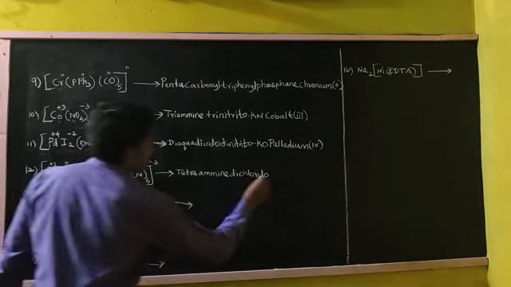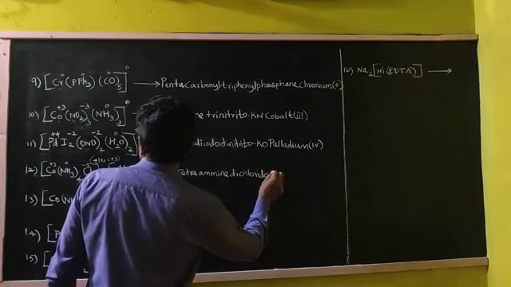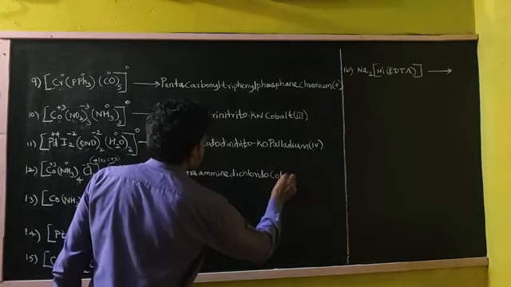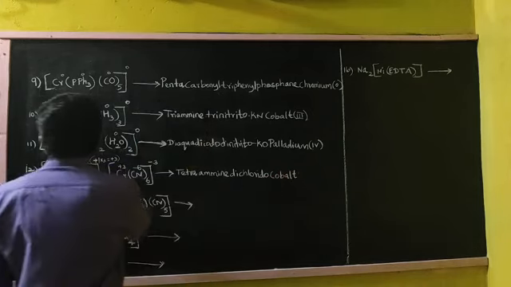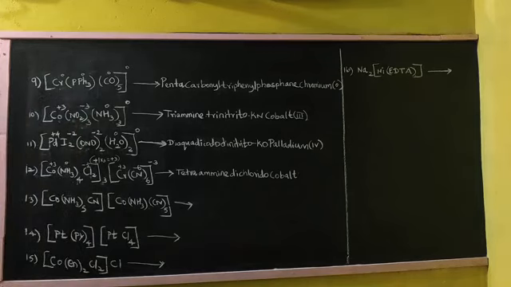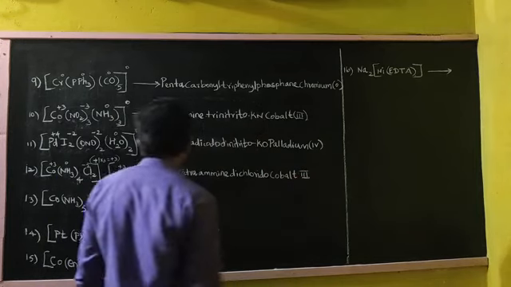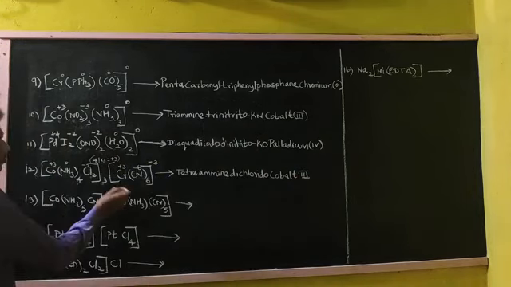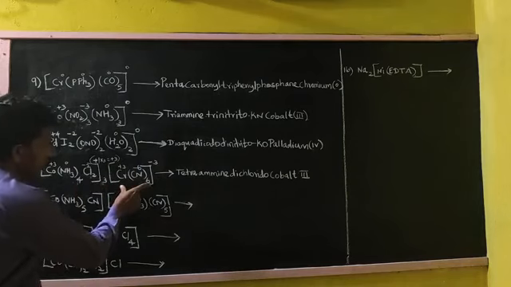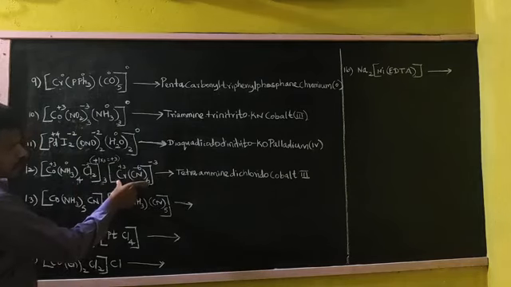Cobalt. Cobalt oxidation state plus 3. So mention it with the Roman numeral, right? Okay, below that you can write the IUPAC name of the other coordination sphere, right?